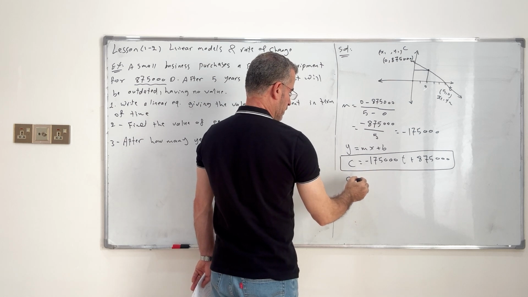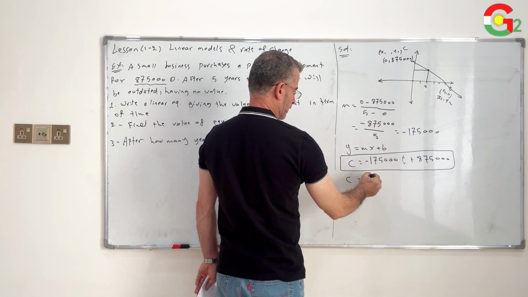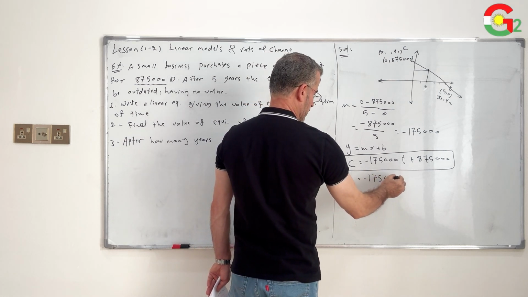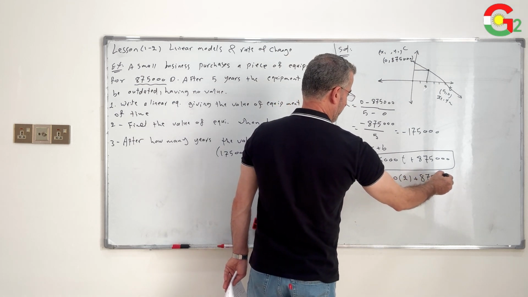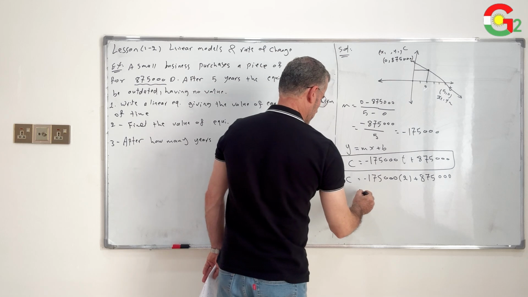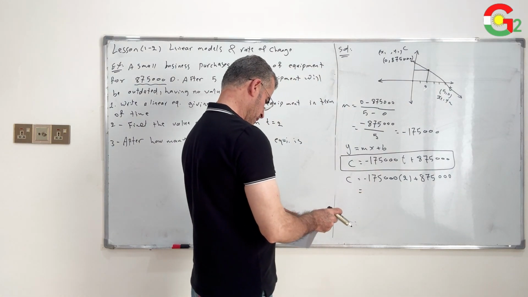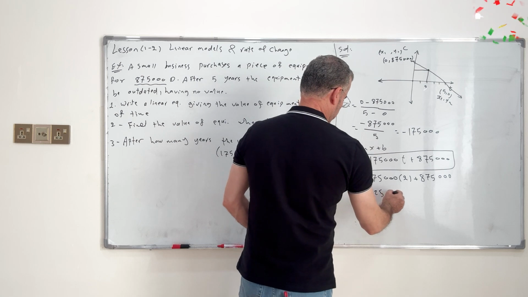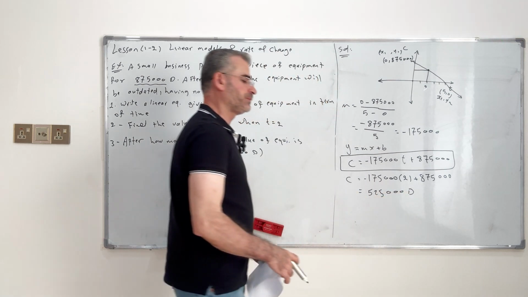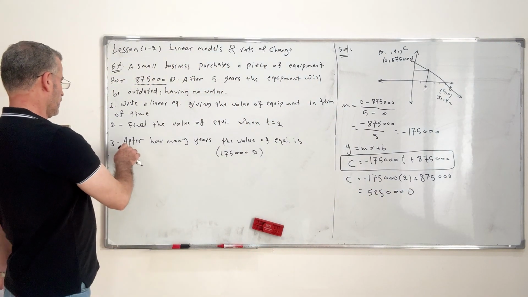Then the value or the cost is negative 175,000 times 2 plus 875,000. The answer is 525,000 dinar. This is needed two.